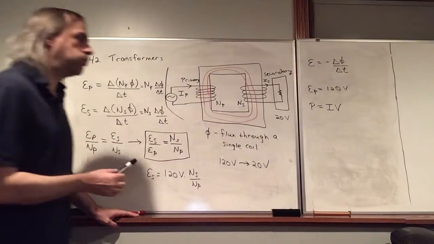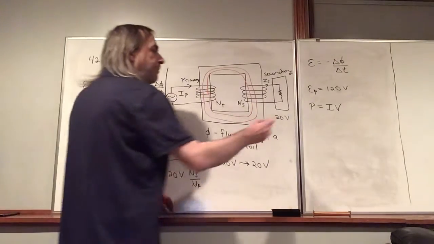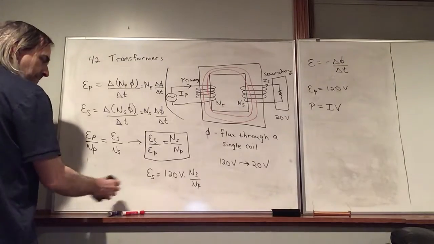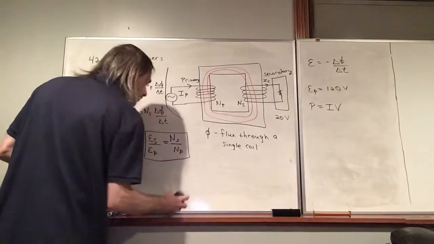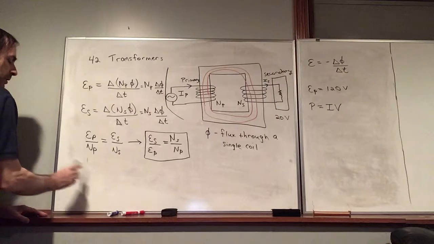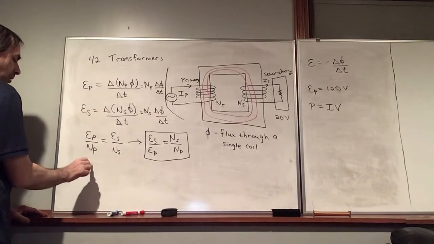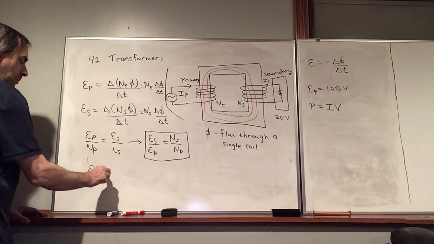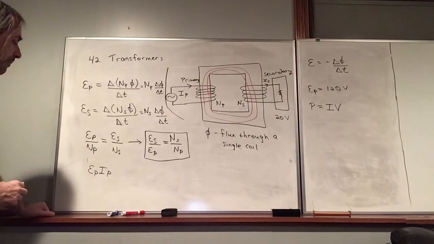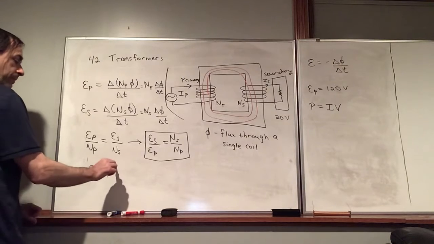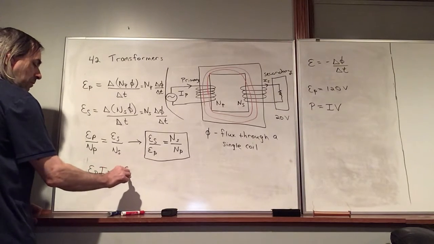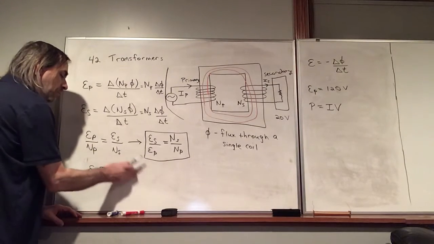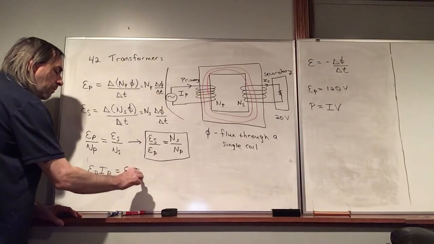And so, if we look at the primary coil, the power delivered to the primary coil would be the EMF of the primary coil times the current, and that's equal to the power delivered to the secondary coil.